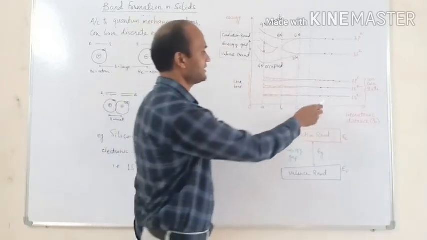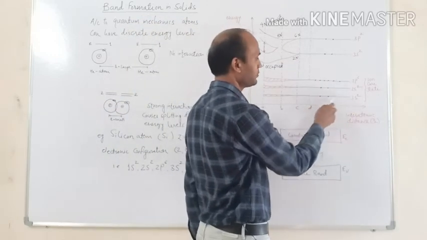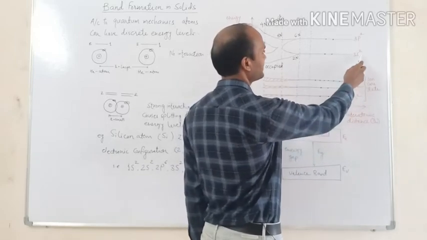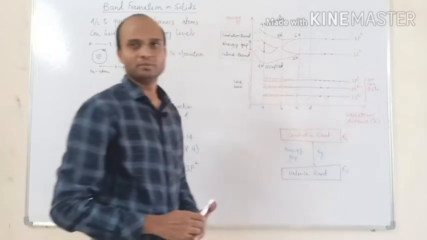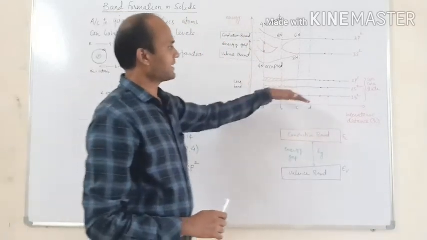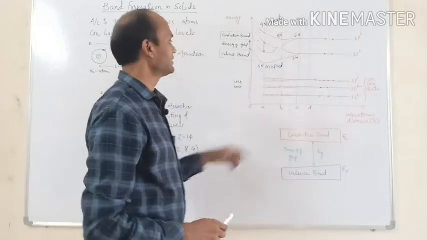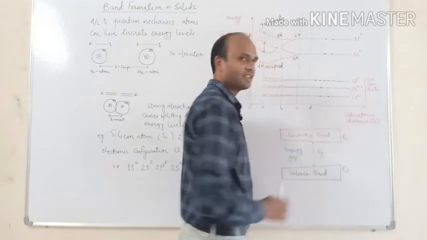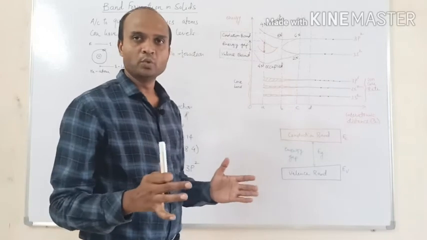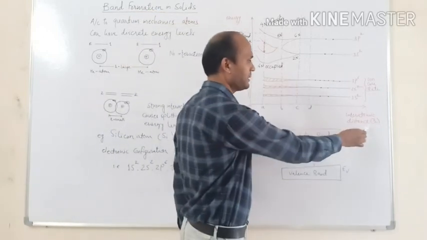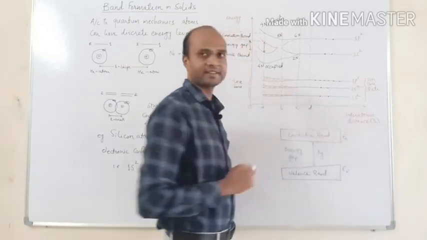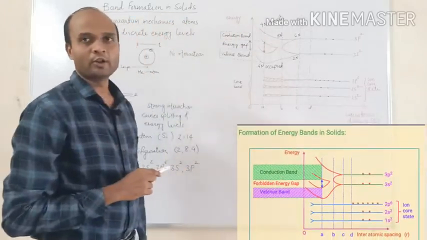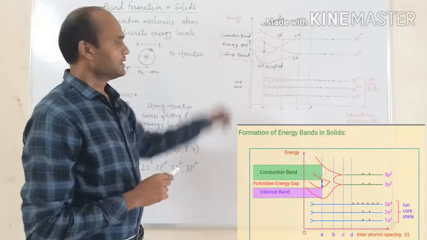You can see the energy levels, this is for the first orbit, that is 1s2, 2s2, 2p6, 3s2 and 3p2, like this. So these are the different energy levels. So you can see this is a graph between interatomic distance, that is the distance between two successive atoms, which is denoted by small r and plotted along the x-axis, while energy is plotted along the y-axis.